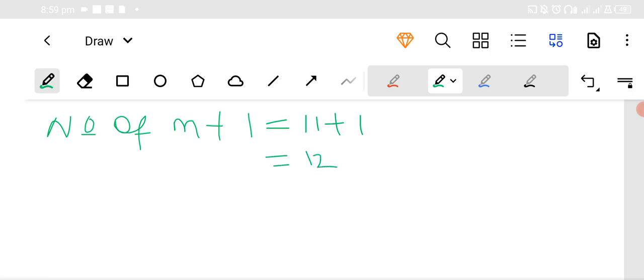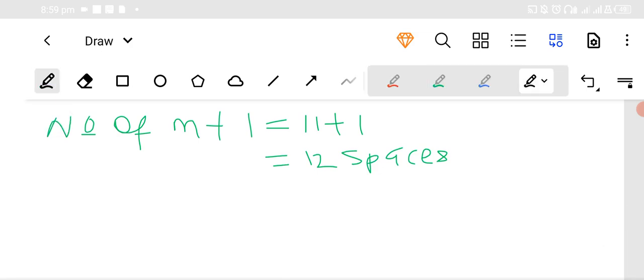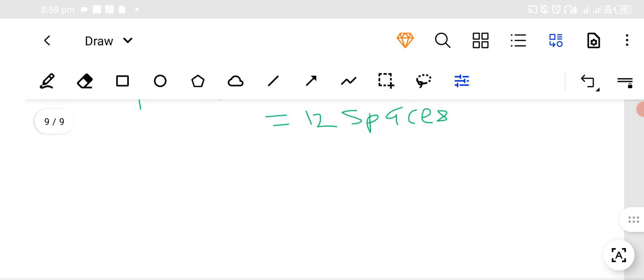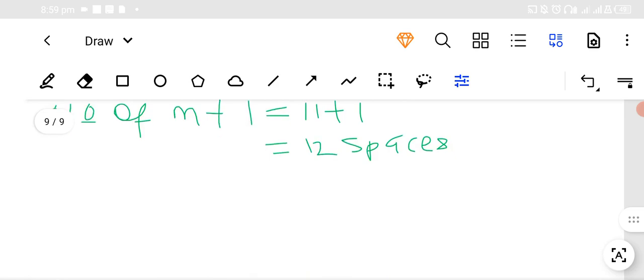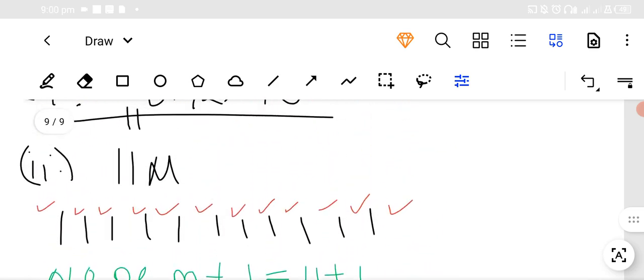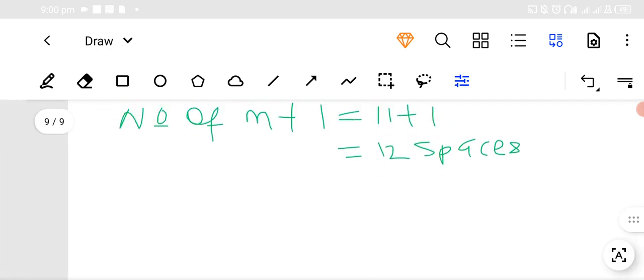So there are 12 spaces. I'm just providing that type of explanation that is needed for one not to ever make a mistake on such a question. These are free marks. This question, you don't even need to sweat. You just need to get full marks.